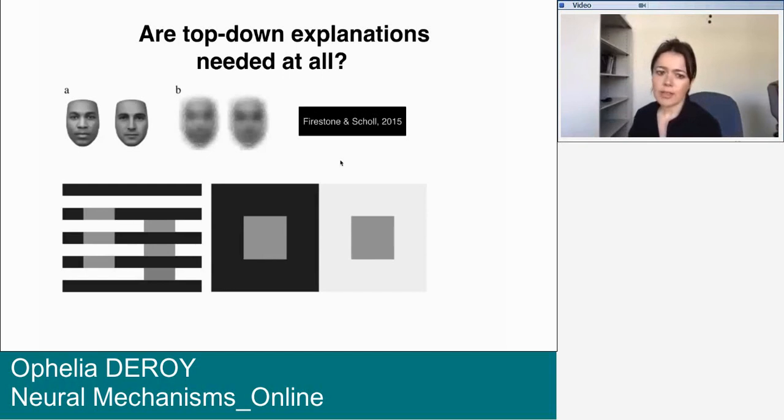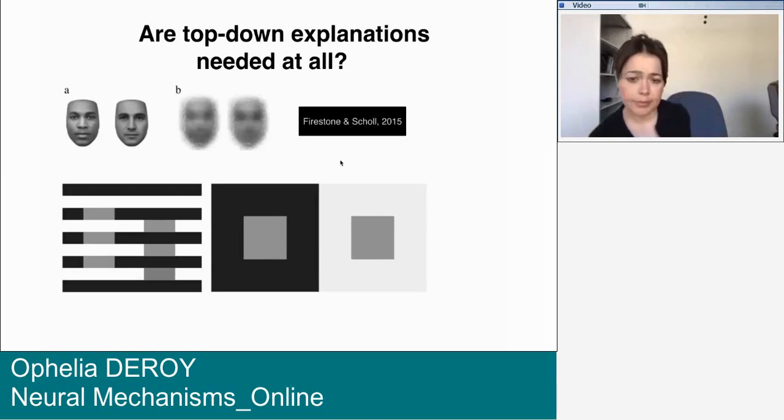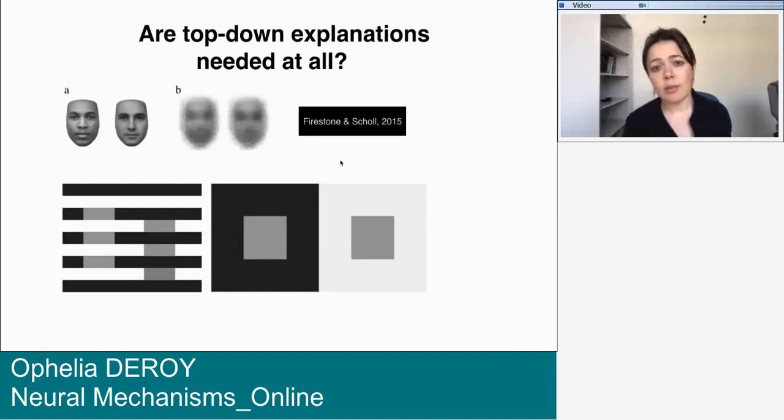And again, what you will have is the tendency to perceive the two squares as not being of the same luminance, but one being darker and one lighter because of the immediate proximity of darker or lighter shades. In the same way, you can go back to the blurred stimuli and think that what is happening here is not due to the recognition of faces as African or European, because now it's no longer available according to what Firestone and Shaw tested.